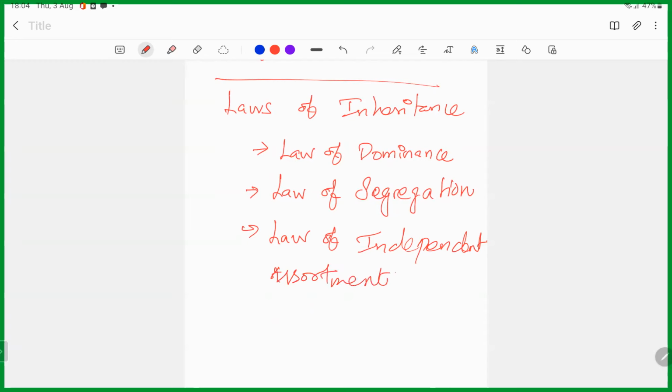You should be able to define and explain all Mendelian laws.